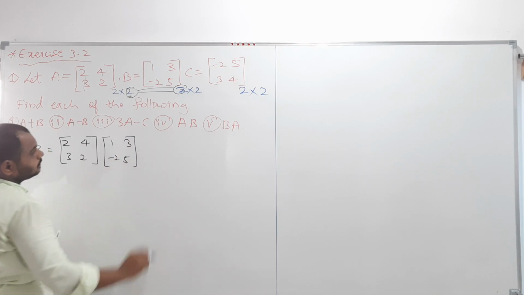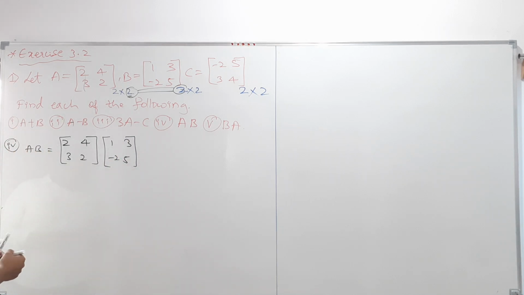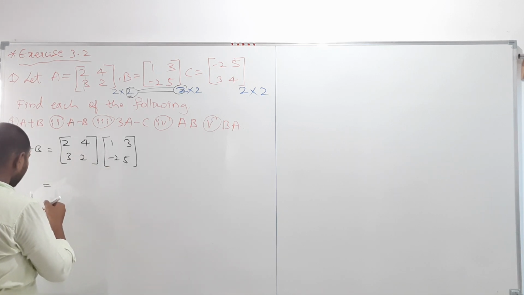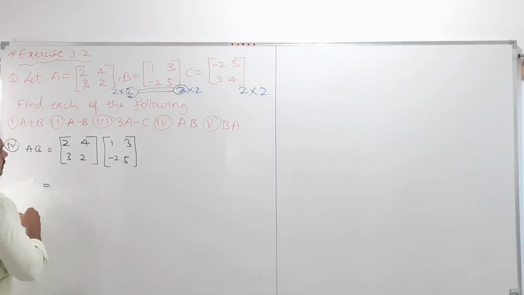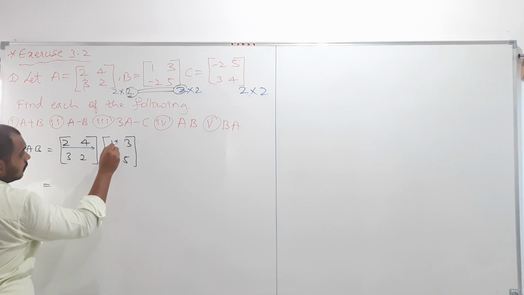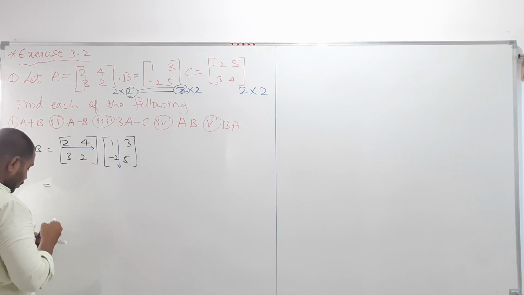I hope you understood. Now come to this point, that is multiplication. So how to multiply, my students? Already I explained. Multiplication is done like this, row by column. First row, first column we should multiply.